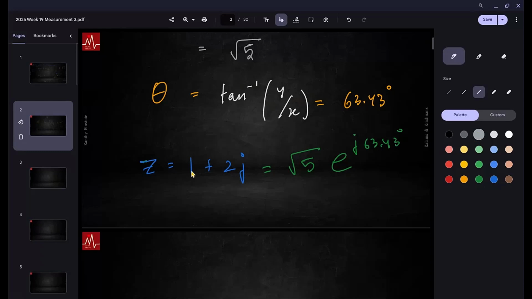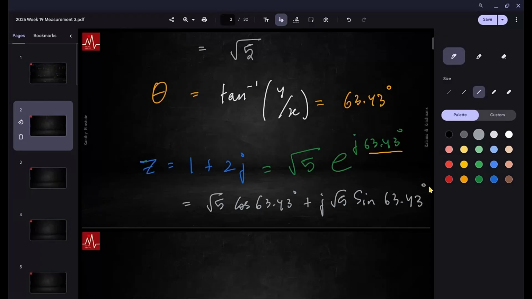You can write the angle over here, e power j theta. The absolute value goes over here. Sometimes, if you use Euler's identity, this will be root 5 into cos 63.43 degrees plus j into root 5 sin 63.43 degrees.